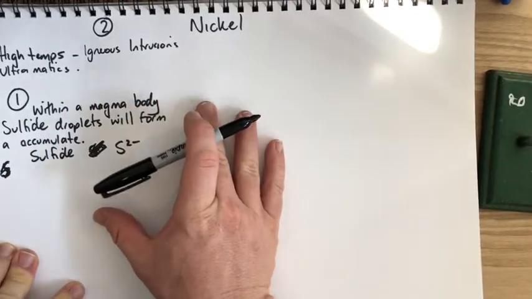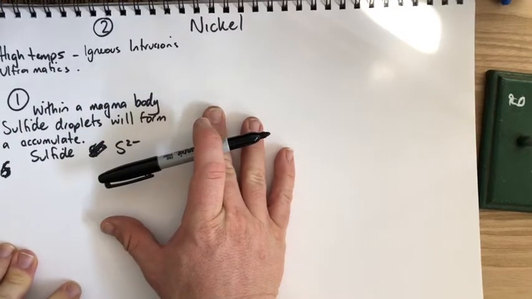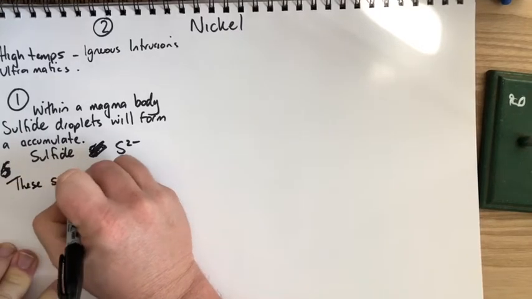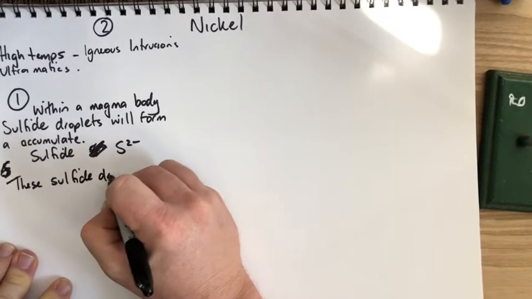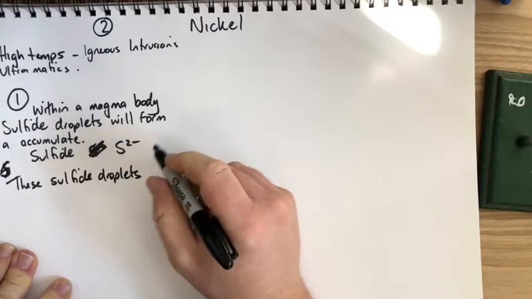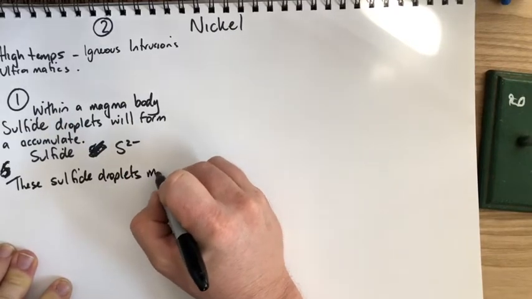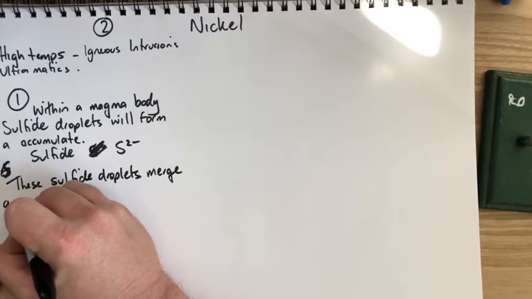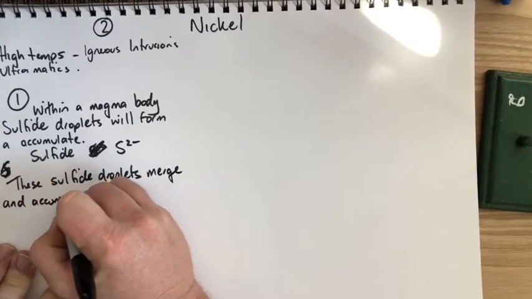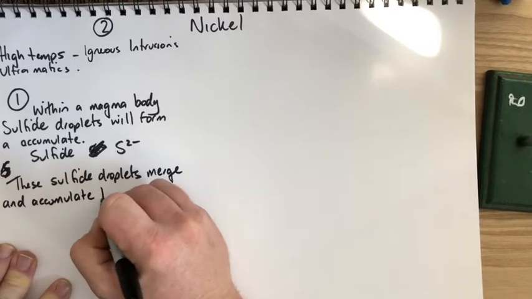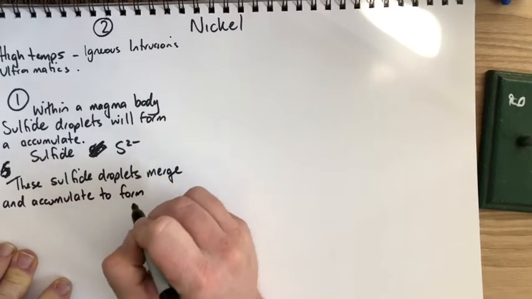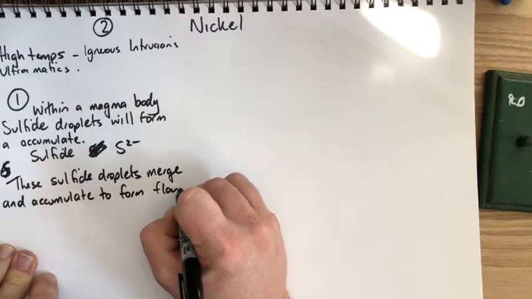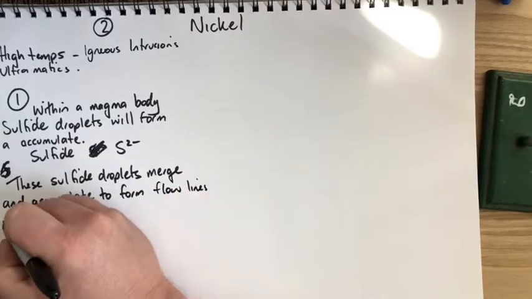So let's write this down. Sulfide droplets merge and accumulate. These sulfide droplets merge and accumulate to form flow lines in the magma.